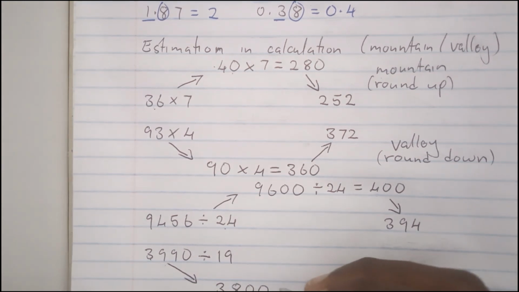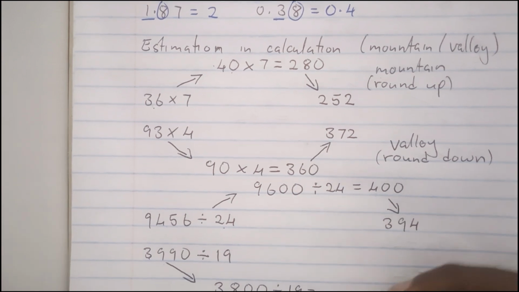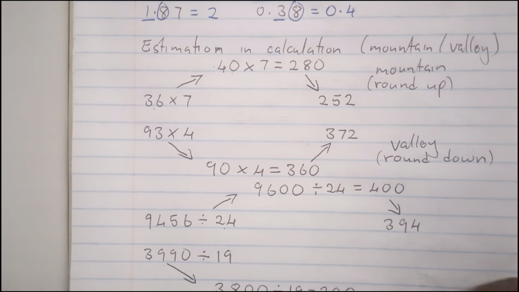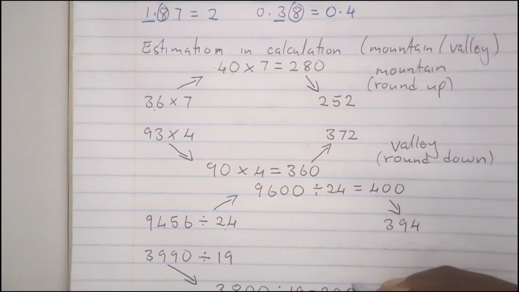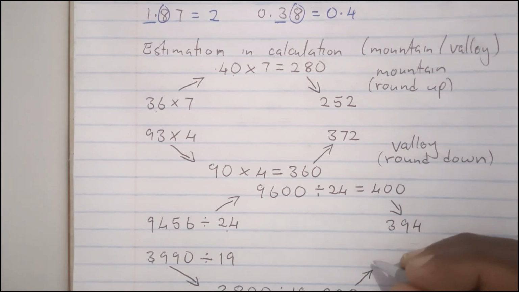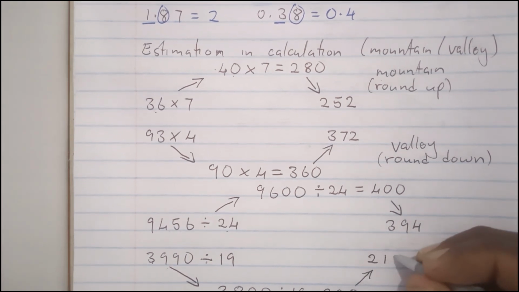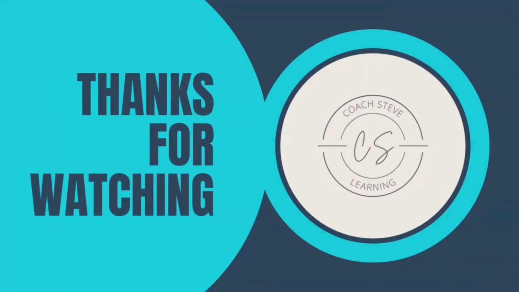Now, 3,800 divided by 19 is equal to 200. Because we rounded down, our answer will have to be higher than that. And thus, if we work it out properly, we find that our answer is 210.